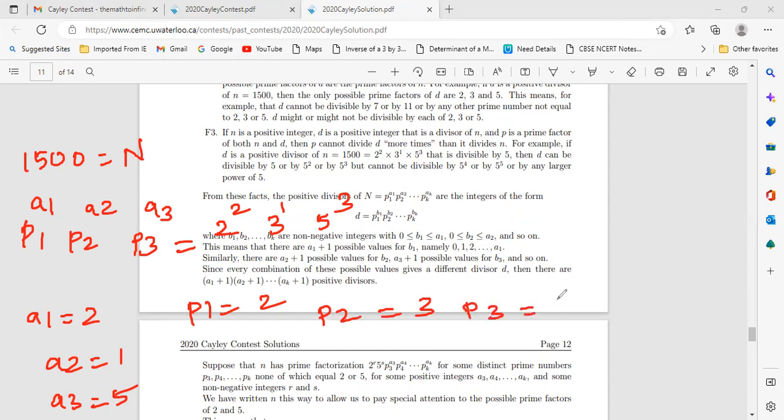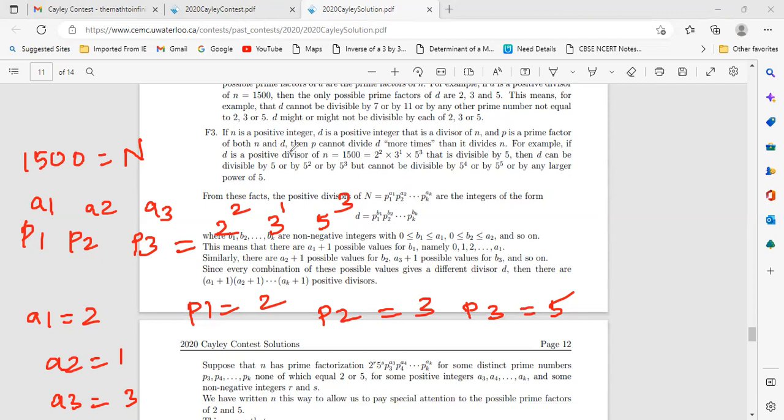Okay, actually A1, A2, A3 are the powers, so they are 2, 1, and 3. P1, P2, P3 are the bases, so they are 2, 3, 5 respectively.